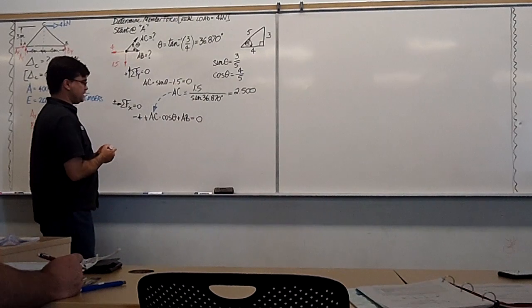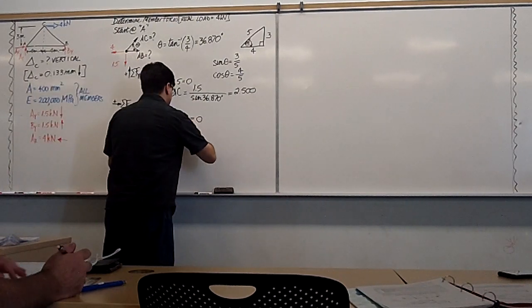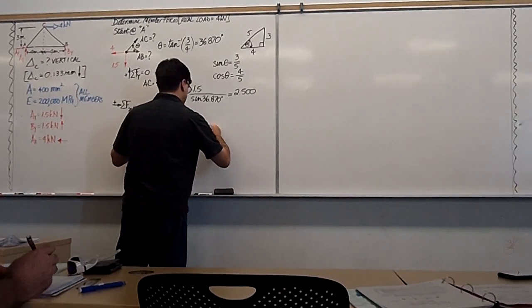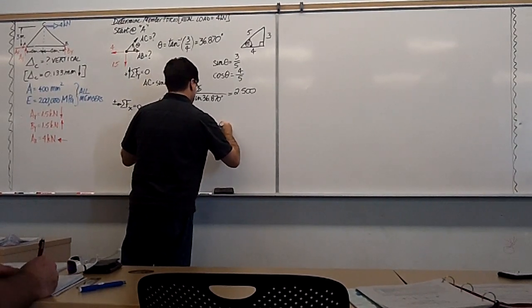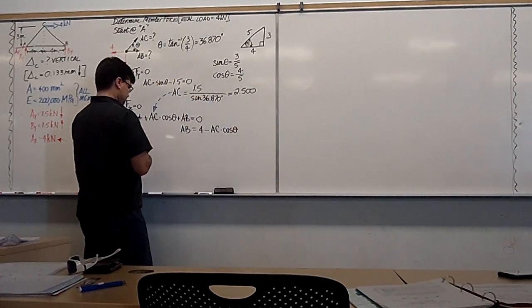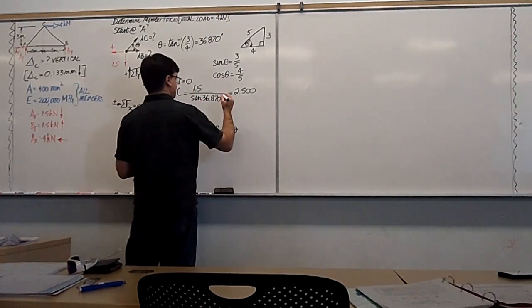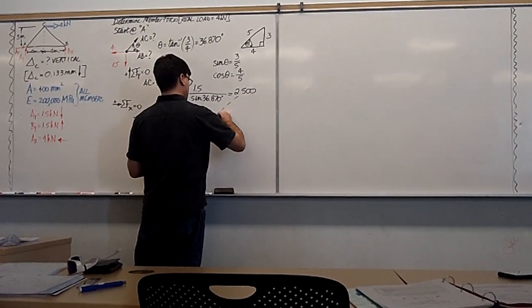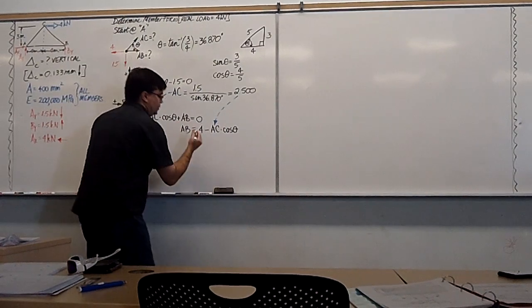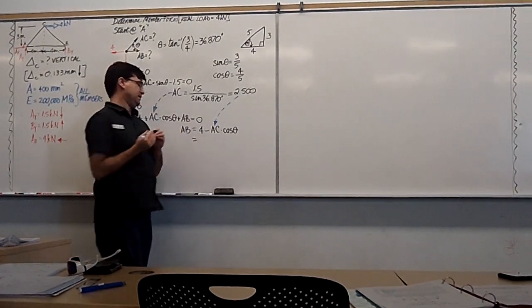Okay, so let's work this out. That means that AB is equal to 4 minus AC times cos of the angle. Where AC is this number here. What do you get for AB, please?